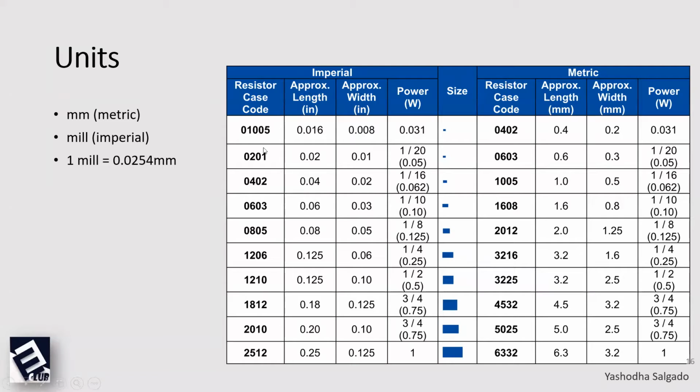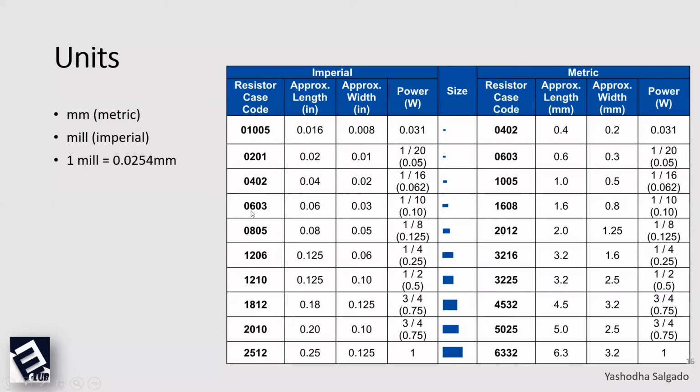And this table shows component case codes. Case code is the component size, right? We are mostly using component size 0603. You can see what the length and width are according to the case code.